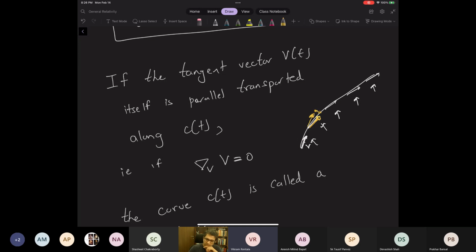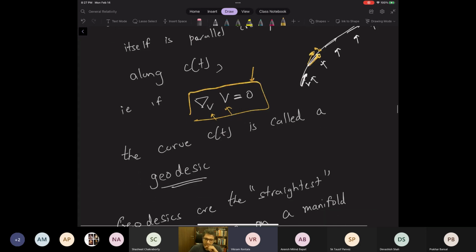In other words, if the derivative of v along the v direction is 0, then you would say v is parallelly transported. If it's non-zero, then v is not parallelly transported. If v is parallelly transported, then the curve c of t is called a geodesic.